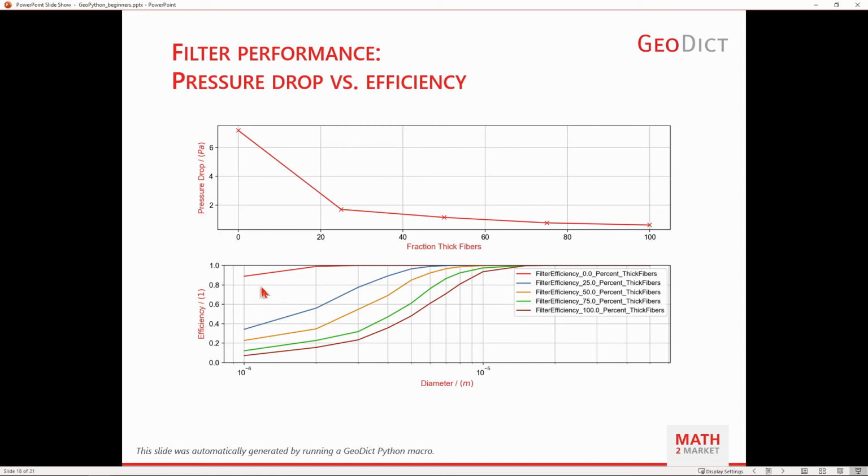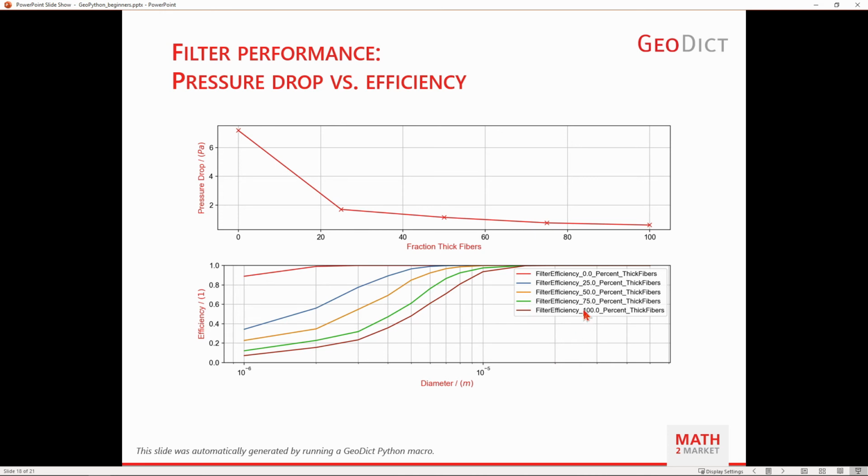And here we see the two plots that were generated with the macro, on the second slide that was generated by a Python macro. The first plot displays pressure drop versus the fraction of thick fibers. So for more thick fibers in the structure and less thin fibers, the pressure drop is lower than for very few thick fibers and many thin fibers. The second plot shows the filter efficiency versus the particle diameter.